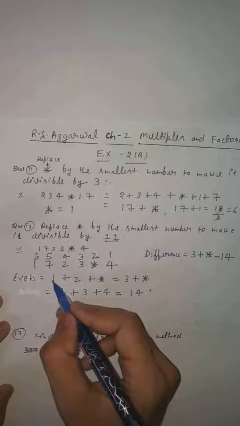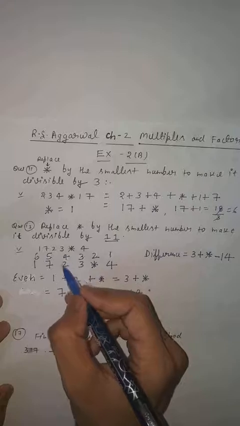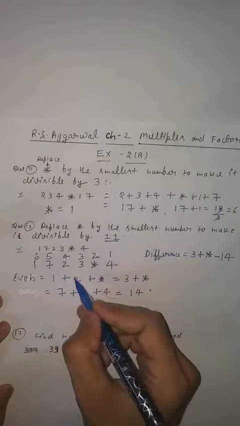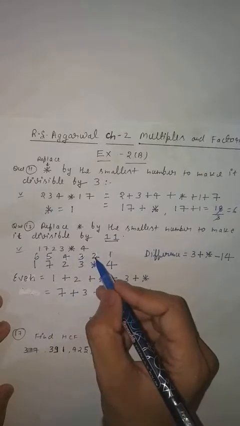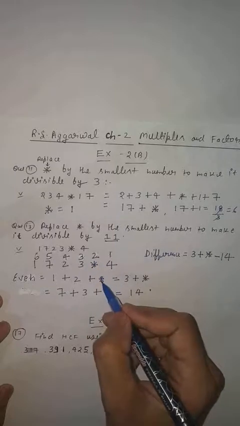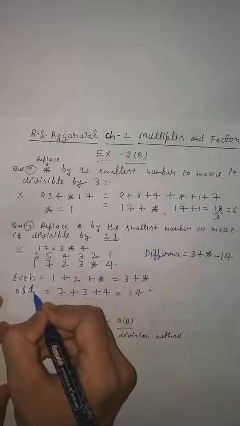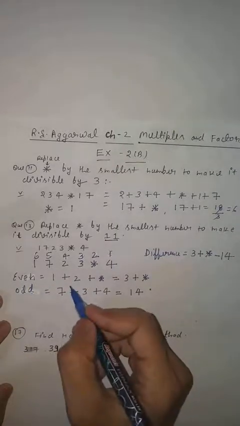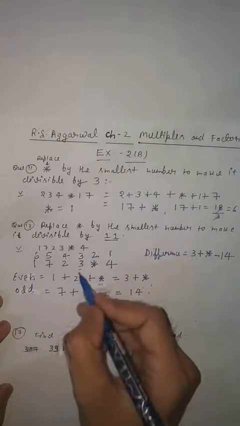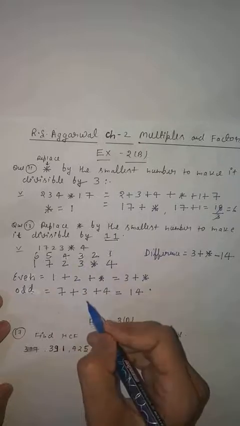So on the place of 6 this is 1. 4 is even, so on the fourth place is 2. 2 is also even, so on the place of 2 is the star. And these are all odd. This was a little mistake. 5 is odd, so here is 7. 3 is odd, so here is 3.